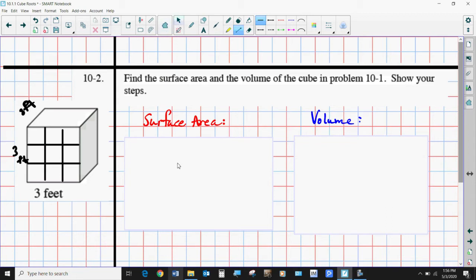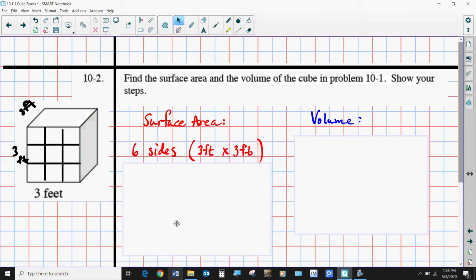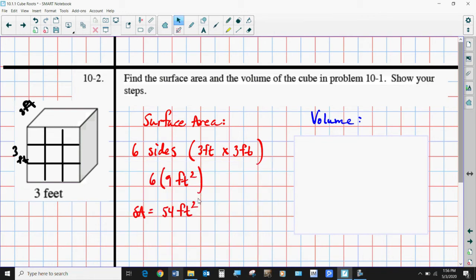And since cubes have 6 sides, it's going to be 6 times 9 square feet, which is 54 square feet, the total surface area of all 6 sides on this particular shape.